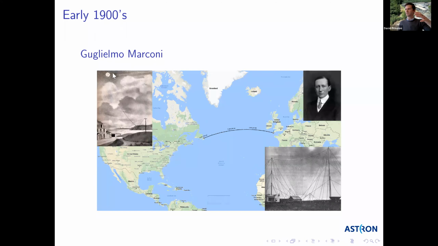I think here a kite is shown. And this was his receiving antenna, just a very long cable attached to a kite, dangling in the air, but apparently sufficient and sensitive enough to detect the Morse code letter S transmitted from the other side of the Atlantic Ocean. And it's thanks to this successful demonstration that the wireless revolution really started.